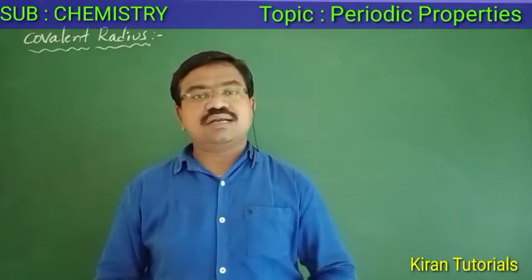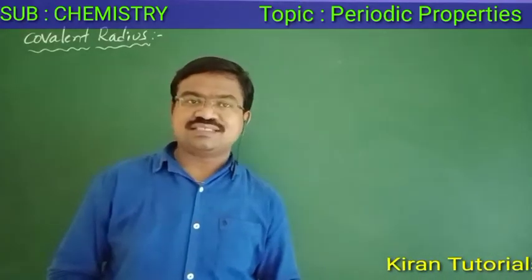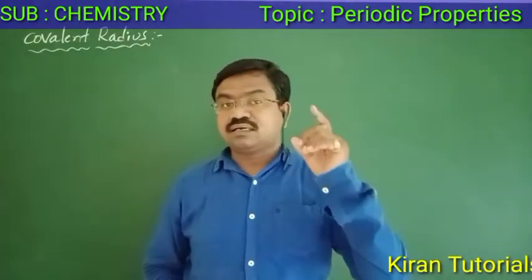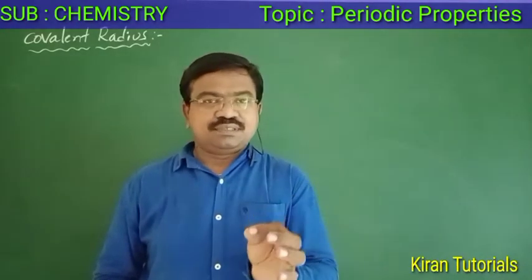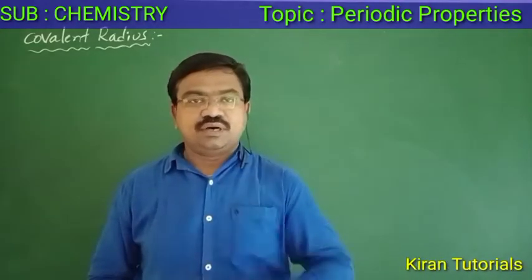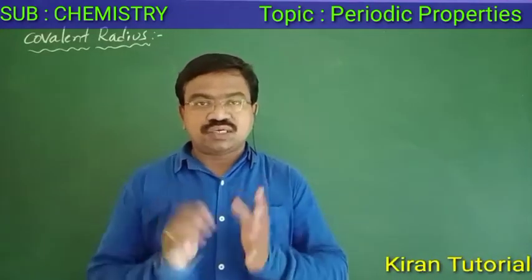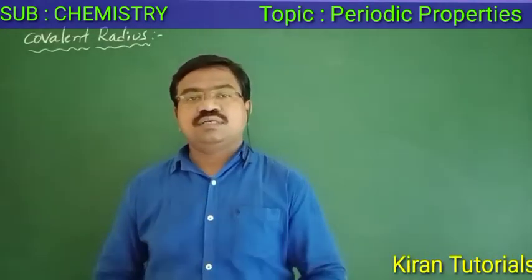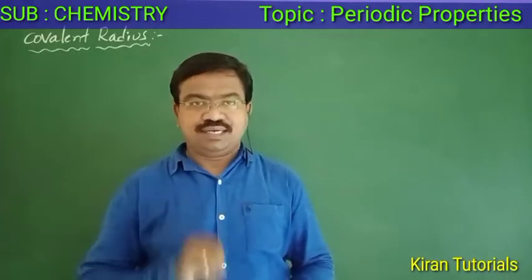That bond is called a covalent bond. In detail, we are going to discuss it in the chemical bonding chapter. Just now remember the definition of covalent bond. By sharing of electrons, the bond is formed. That bond is called a covalent bond.